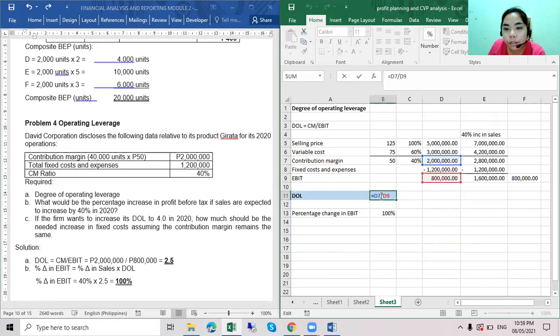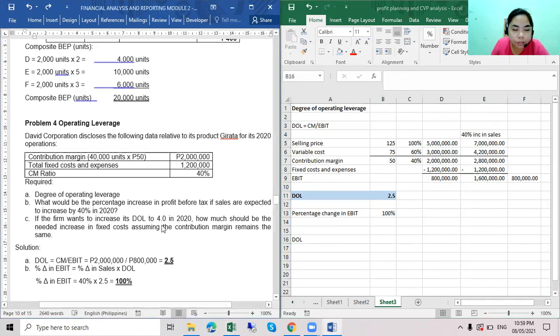DOL is CM over EBIT. The firm wants DOL to be 4.0 in 2020.